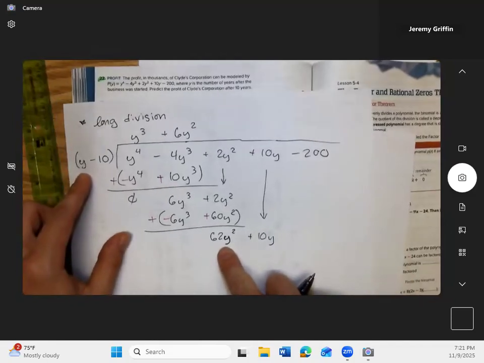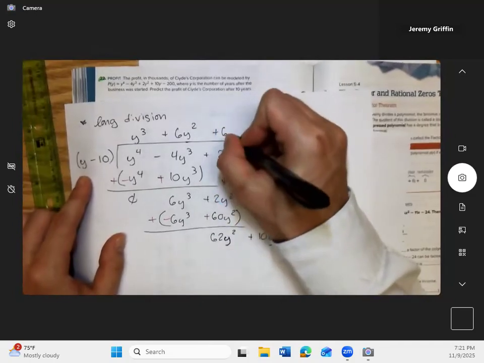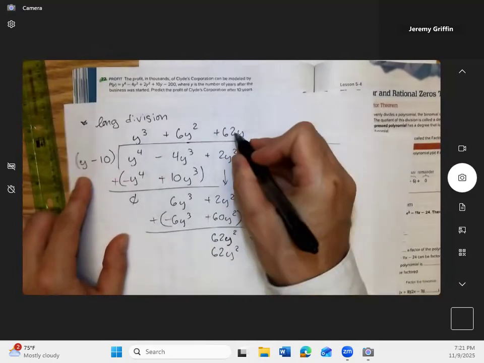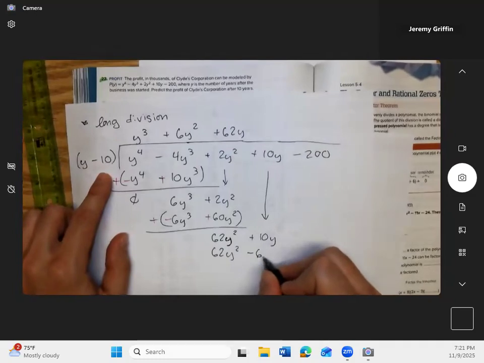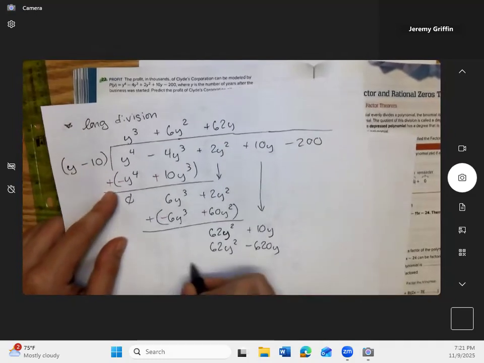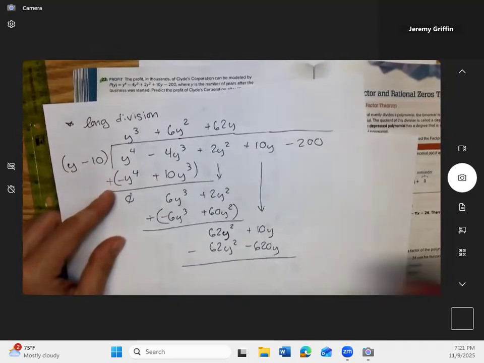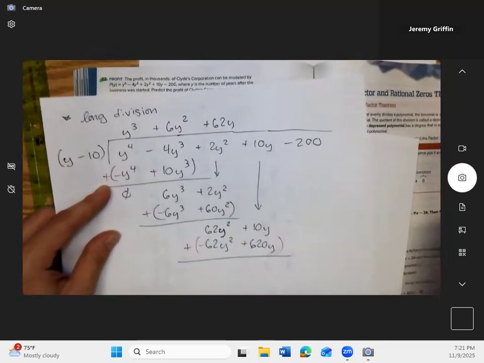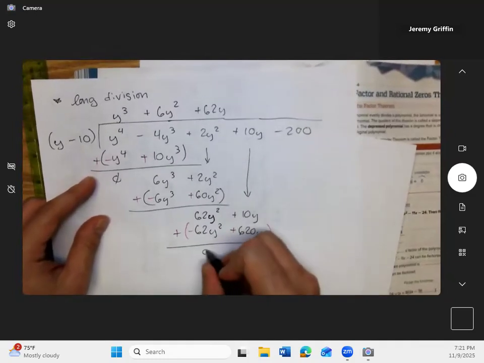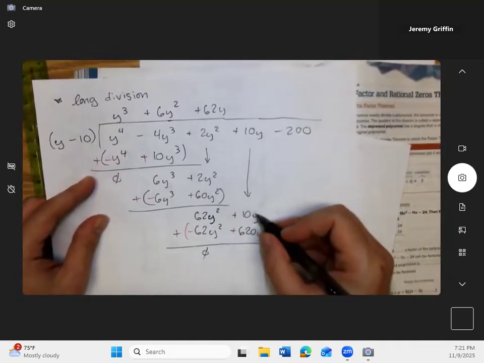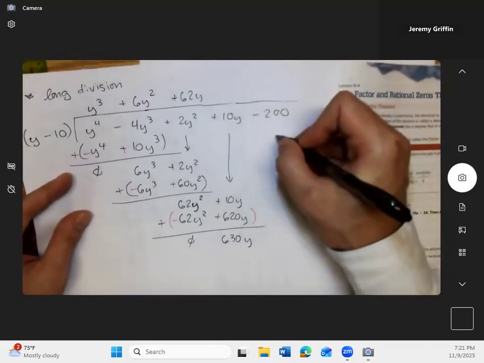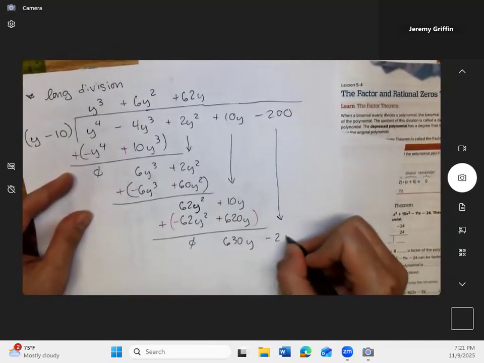So this would be 62y times. 62y times -10 is -620y. Subtract. So plus minus plus. That's going to give me 630y. All right, then drop down the -200.